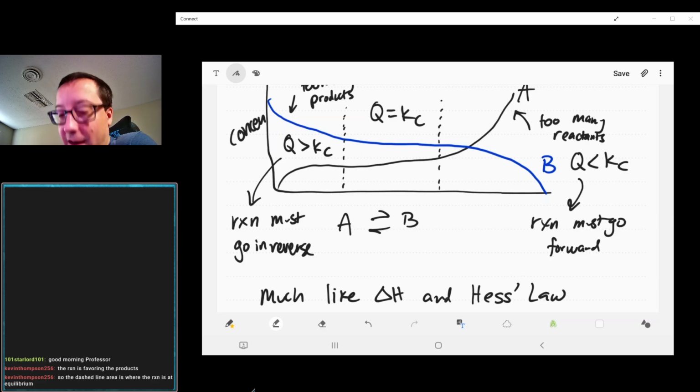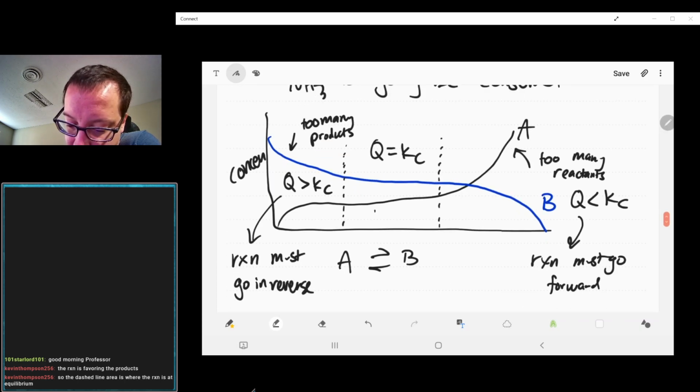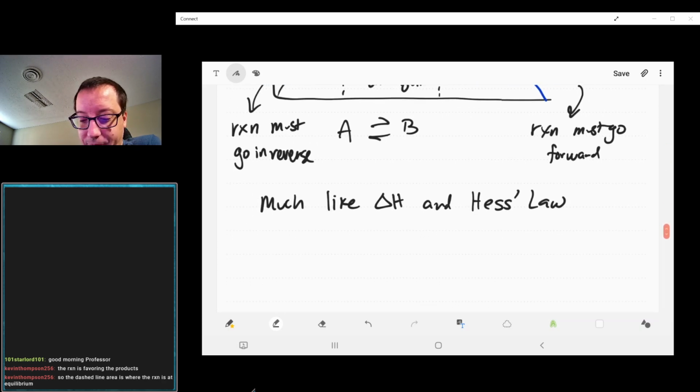That's where that would be at equilibrium, in that area in between. I'm sure there are much better graphics for this online or in a textbook, but my artistry sucks. I'm sorry.